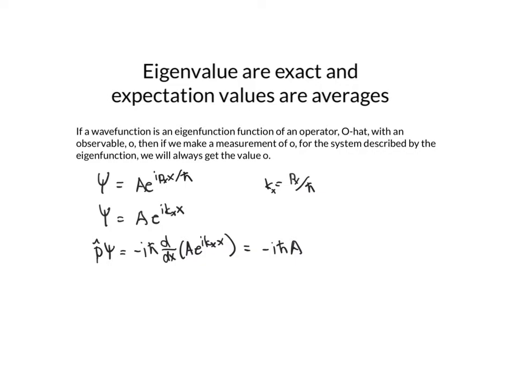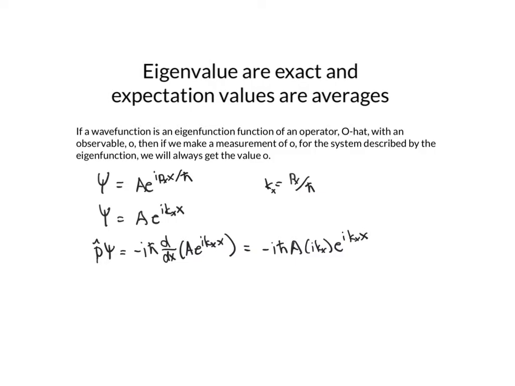The first derivative of an exponential is the exponential, but I have a function of x up here, so I have to use the chain rule. I take the derivative of the whole thing times the derivative of what's inside, and the derivative of what's up here is i times kx. So I get an i kx out, and then I get my exponential back.